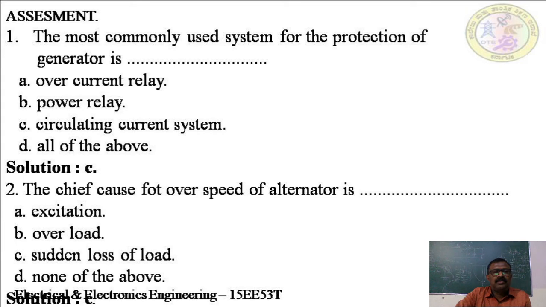So therefore the solution for this question is C. Question number 2, the chief cause for overspeed of an alternator is: A excitation, B overload, C sudden loss of load, and D none of the above. The overspeed is due to the sudden loss of load. So therefore the solution for this is C.